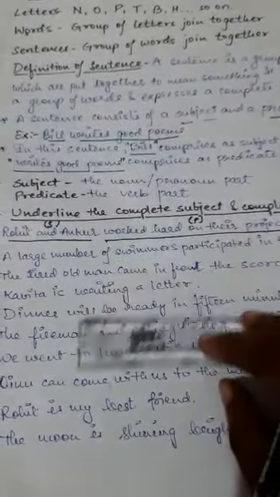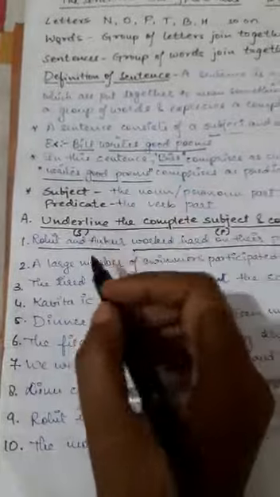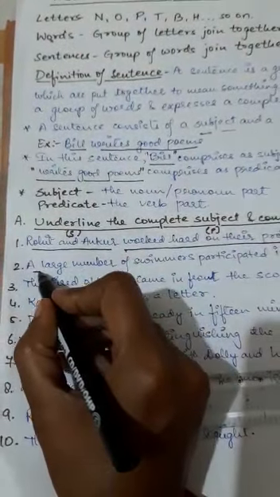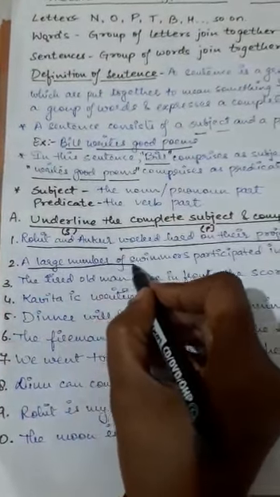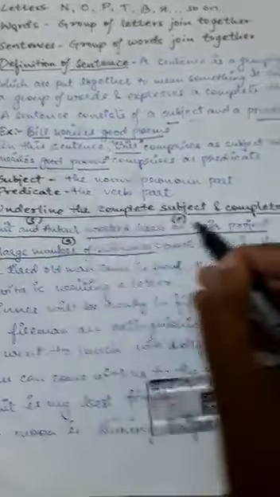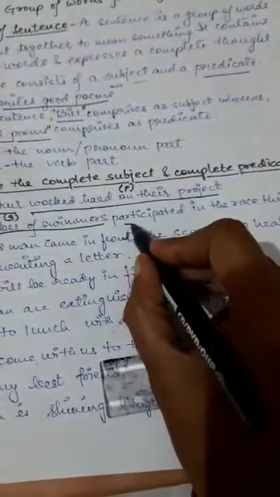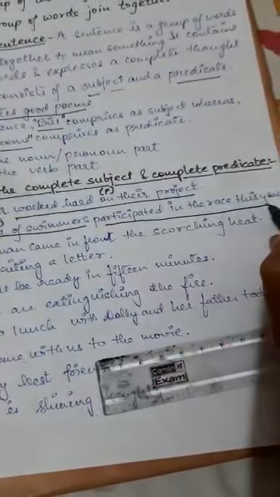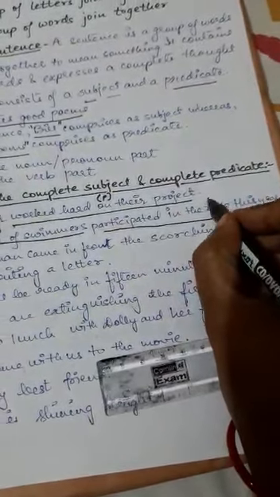Okay. Now second: a large number of swimmers comes under subject and participated in the race this year comes under predicate.